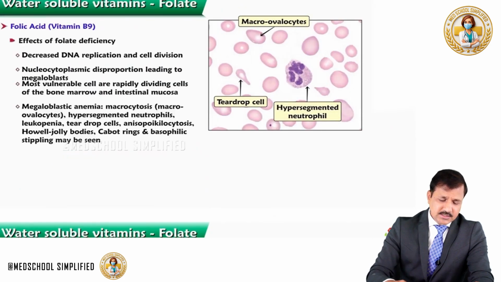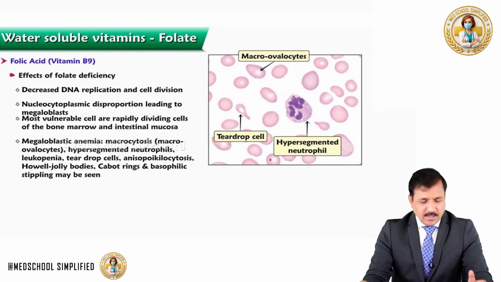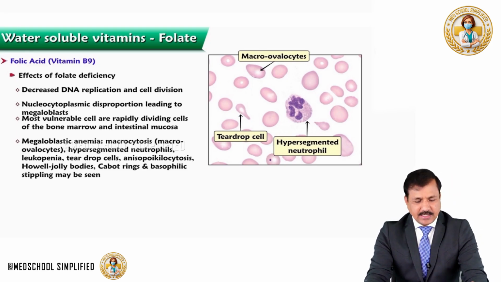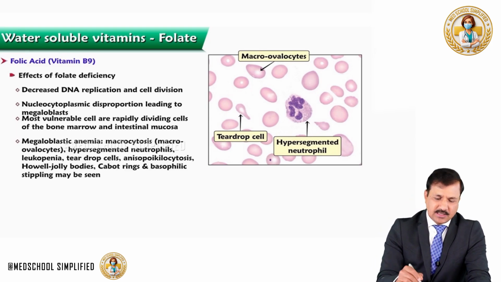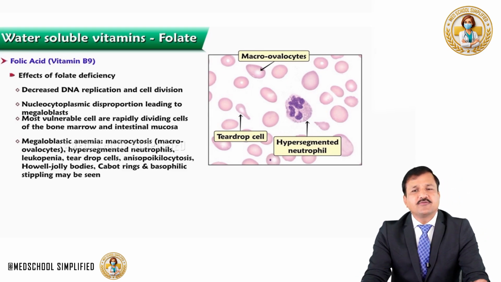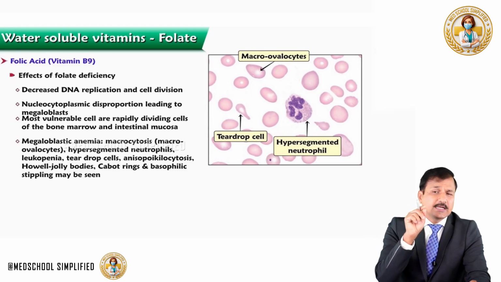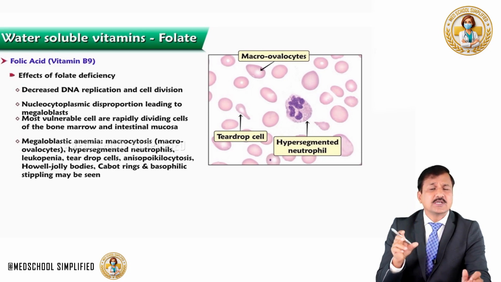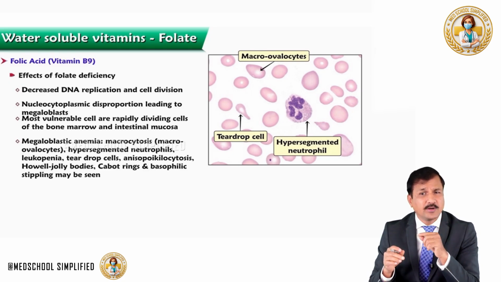Now, let's look at what are the effects of folic acid deficiency. Folic acid is necessary for DNA replication and cell division. The reason for that is folic acid is necessary for synthesis of purines, that is carbon 2 and carbon 8 of the purine bases, especially adenine and guanine. The carbon 2 and carbon 8 of these 2 purine bases come from N10 formyl tetrahydrofolate.